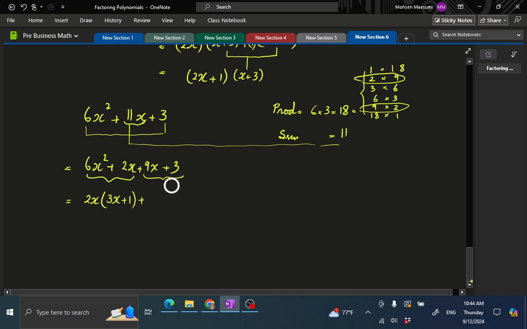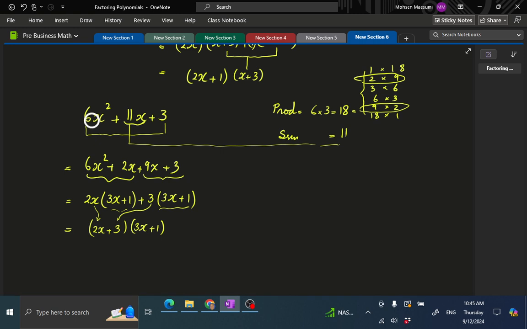From the next two, the common factor is 3, and then you are left with 3x plus 1. Now the common factor is just this 3x plus 1, and you have a contribution of 2x from the first and 3 from the next, and that is your factorization.